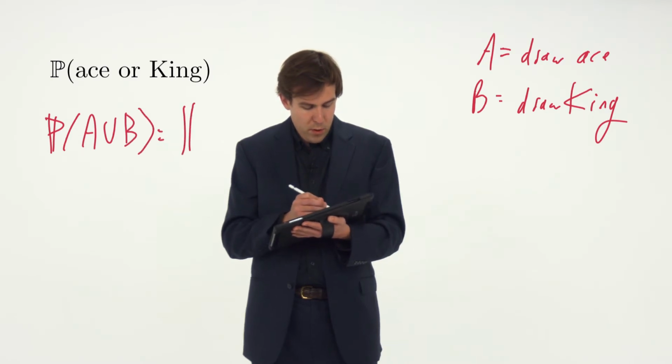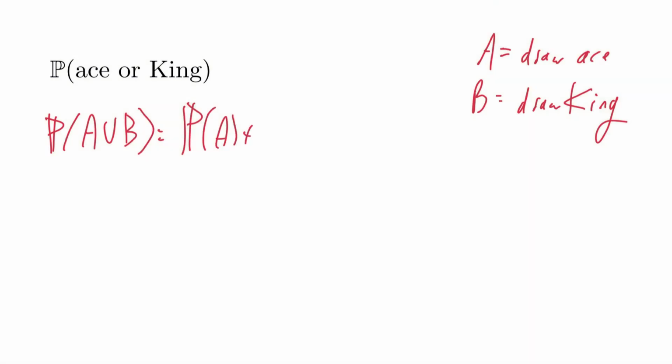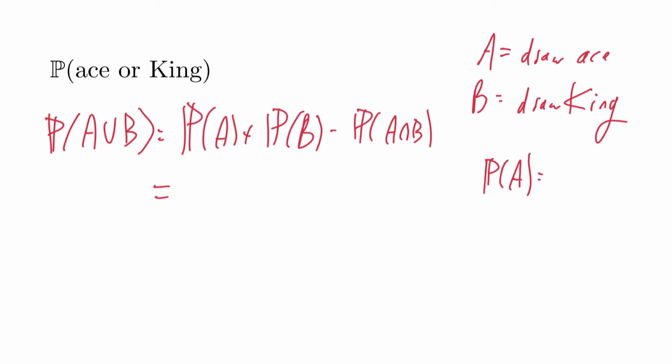So this is the probability of A plus probability of B minus probability of A and B. So what's the probability of drawing an ace? Well, there's 4 in the deck, 52 total. What's the probability of drawing a king? There's 4 in the deck, 52 total. So each of these is 1 in 13.